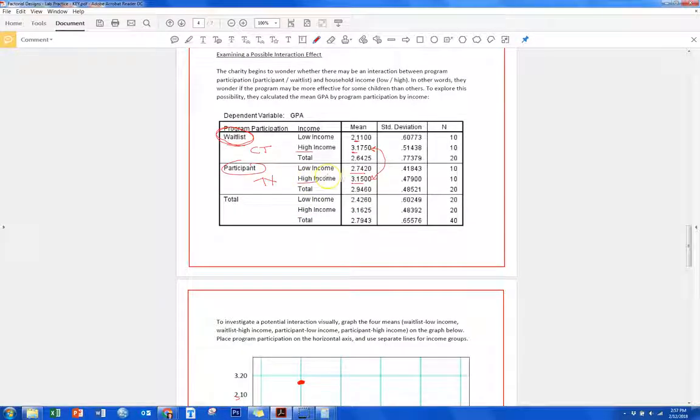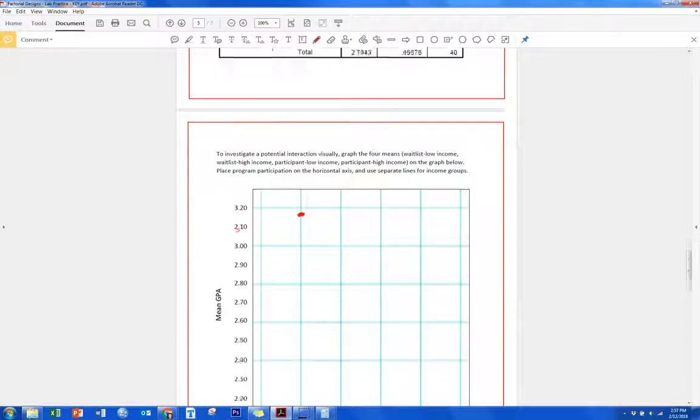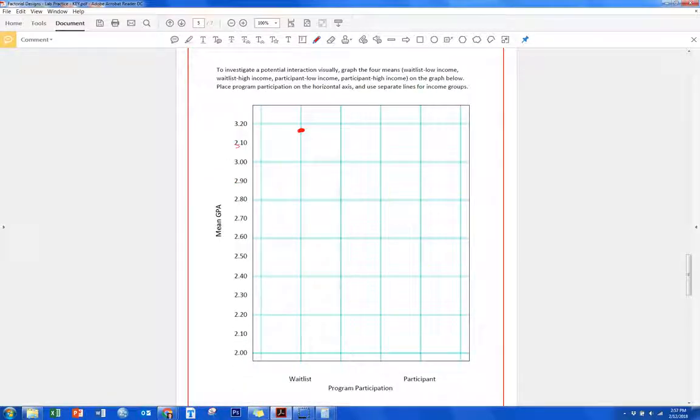High income kids participant, 3.15. So we go over here, 3.15, right in between these two. So right about there. Okay, so for high income kids, we draw a line between these, if it'll let me do that. It's a little unhappy about me trying to draw on top of my drawing. There we go. So these are my high income kids.